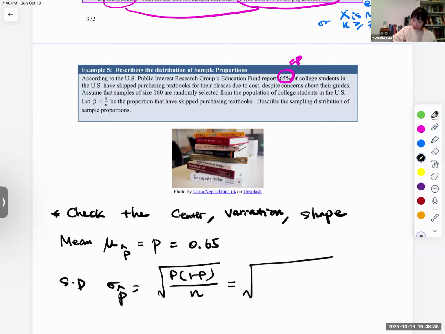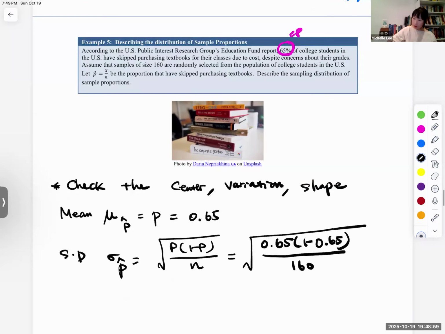So p, which is 0.65, 1 minus 0.65, over n, how many n? 160, right? Can you calculate? Yeah, so there will be 0.0377.